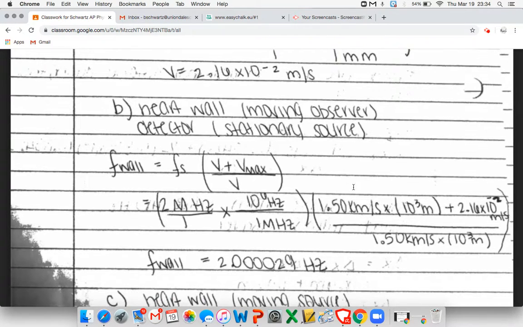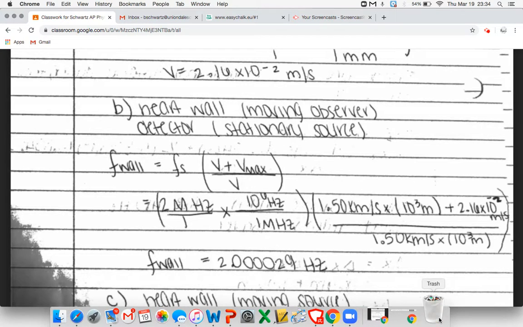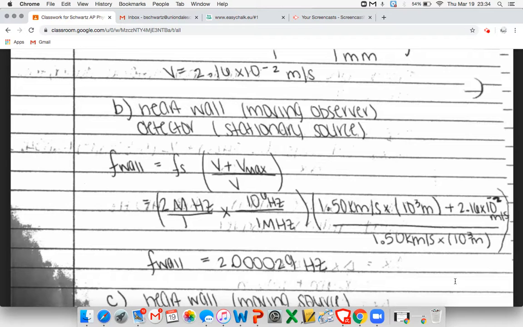So I used this formula right here, coming right from your PowerPoint. And what I did was I converted your megahertz. So the 2 megahertz, mega is 10 to the 6. So I converted that first right over here. Plugging in with your values, I plugged in the kilometers per second, and this is my conversion here. I just took a shortcut and didn't put it over 1 or anything like that.